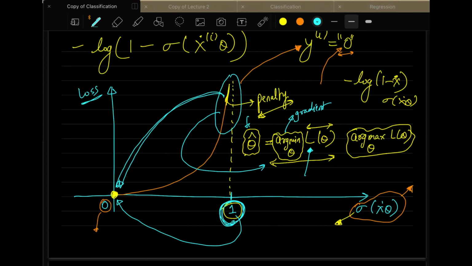So that is what actually is happening behind the scenes when you do arg min theta L of theta. So any questions here regarding this?